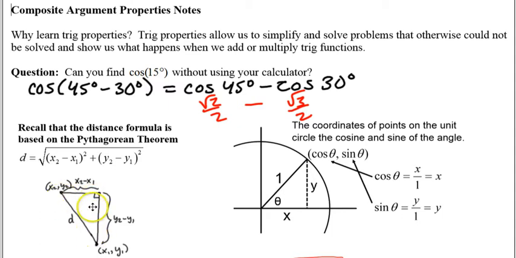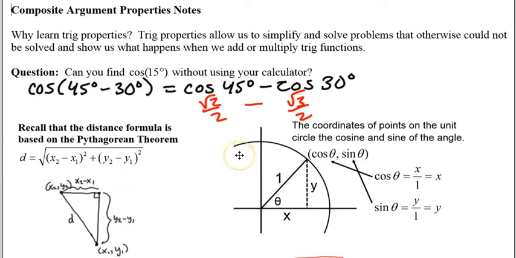The vertical leg shows the difference in the y-coordinates of the two points. Using the Pythagorean Theorem, the difference in the x-coordinates squared plus the difference in the y-coordinates squared will equal this diagonal distance squared. So in order to find the distance, I take the square root of the difference in the x's squared plus the difference in the y's squared. That's one piece of information I'm going to need.